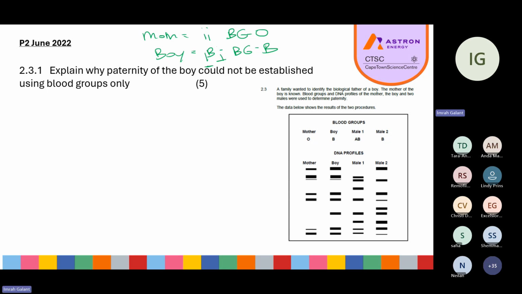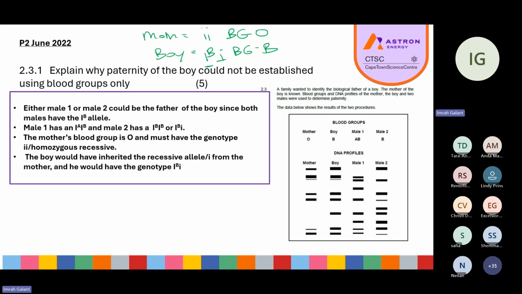So let's see how we would write that out. Either male 1 or male 2 could be the father of the boy, since both males have the B allele. Male 1 has codominant blood group AB, and male 2 is either homozygous or heterozygous for blood group B. As we noted, the mother's blood group is O. She has the homozygous recessive genotype.